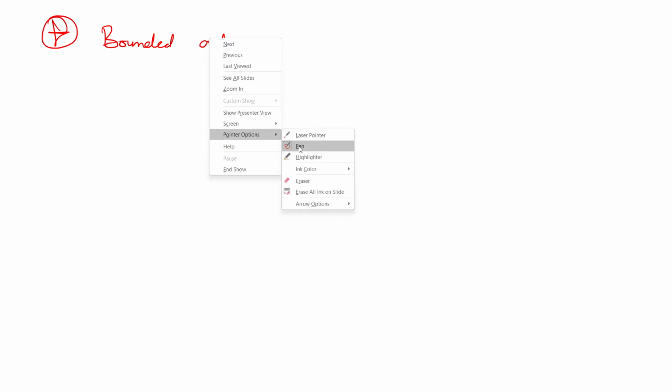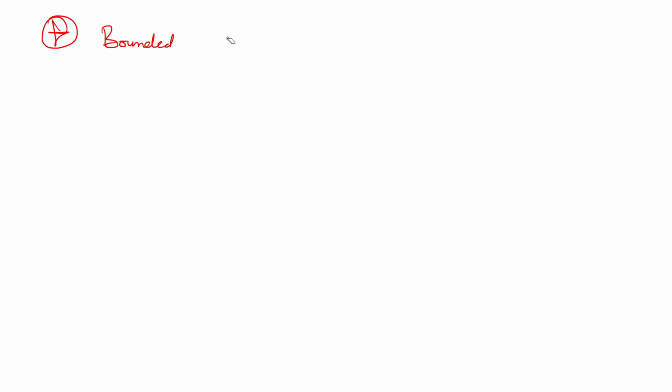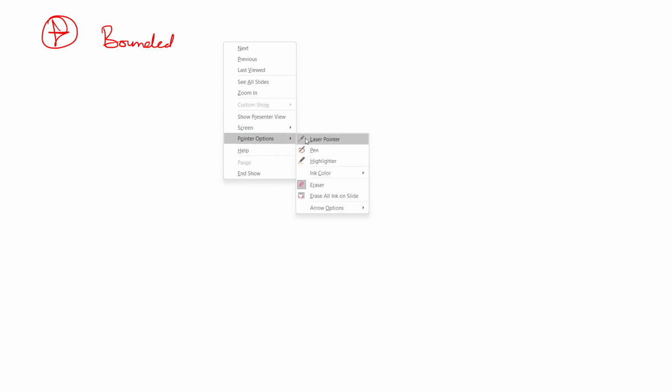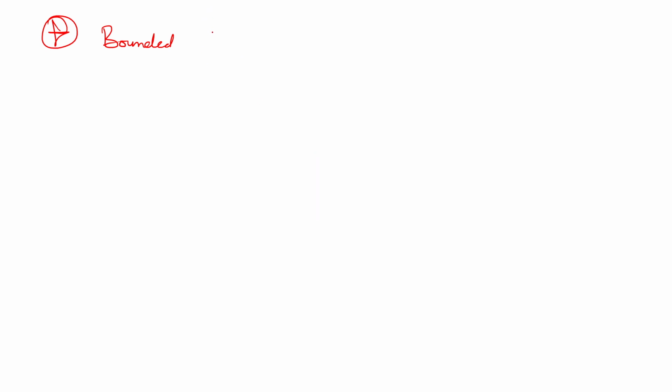So now we will talk about bounded and unbounded systems. Very important topic. You should see this part very carefully so that you can understand a lot of things.